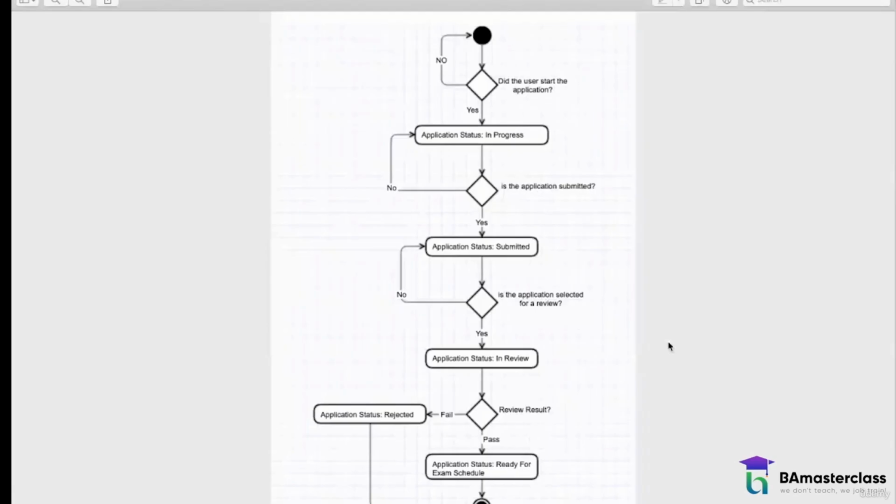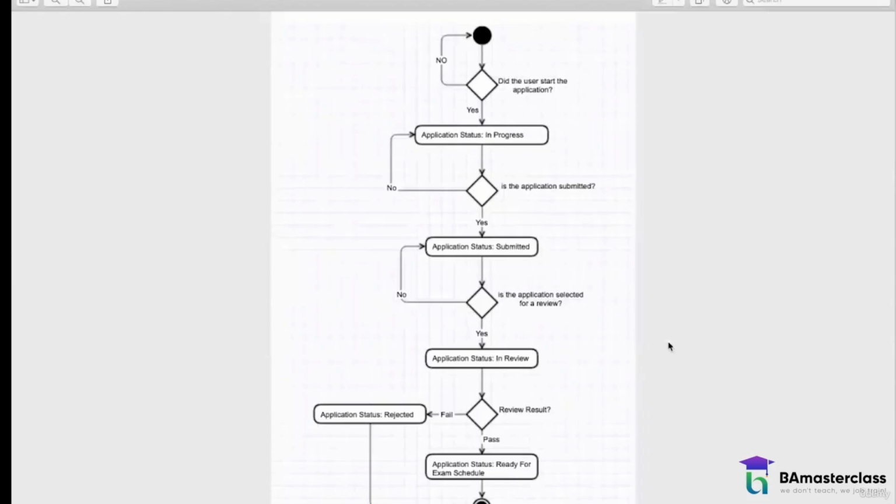In the activity diagram, first it will be the start point, and then the user starts the application as the first step. Very good. So step one would be the user clicks on new application. What would be the next step? The next step would be the system displays the application page.